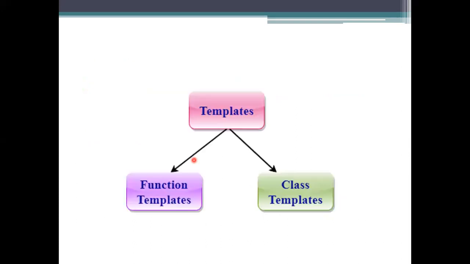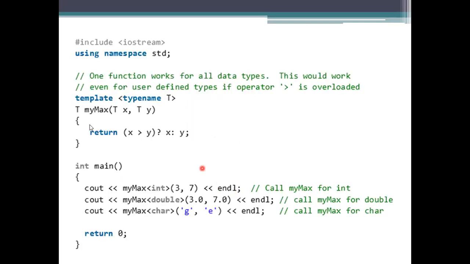If you go for the types of templates, we have two types of templates here. The first one is the function template, and the next one is the class template. The previous one you have seen is an example of the function template. Here we are mentioning the function mymax, and we are giving the arguments. We are creating a comparison of two variables, that's why we are using two variables, that is, two arguments.